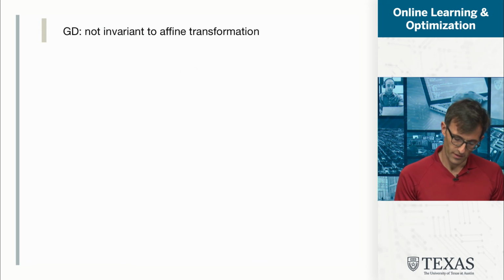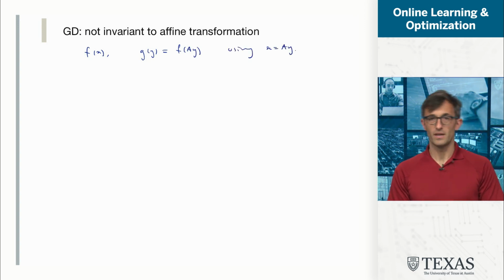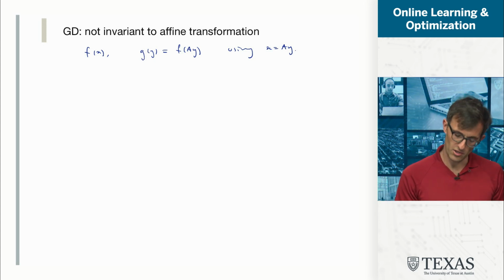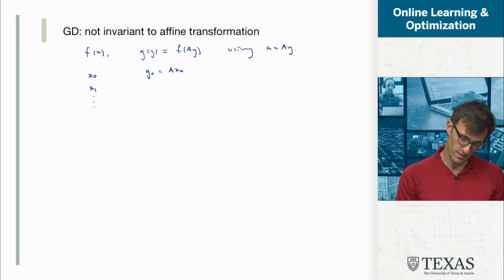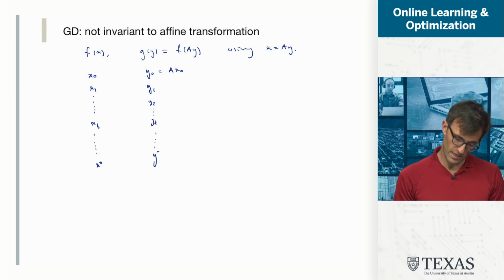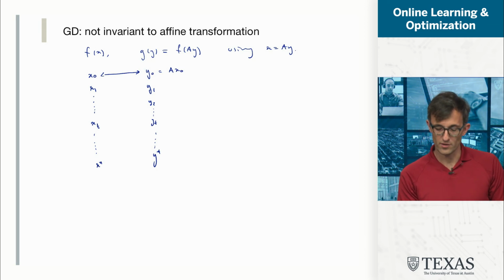In other words, if we have our function f of x and g of y equals f of ay, using x equals ay, then even if I start from the same point, in other words, even if I initialize at x0 and y0 equal to a of x0, and then I look at the trajectory, I generate x1, xt, finally x star, y1, y2, yt, all the way up to y star, we'll see that x0 and y0 are linked by y0 equals ax0.